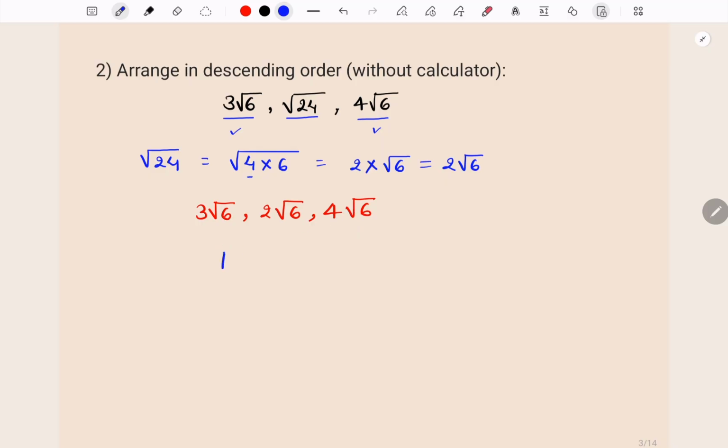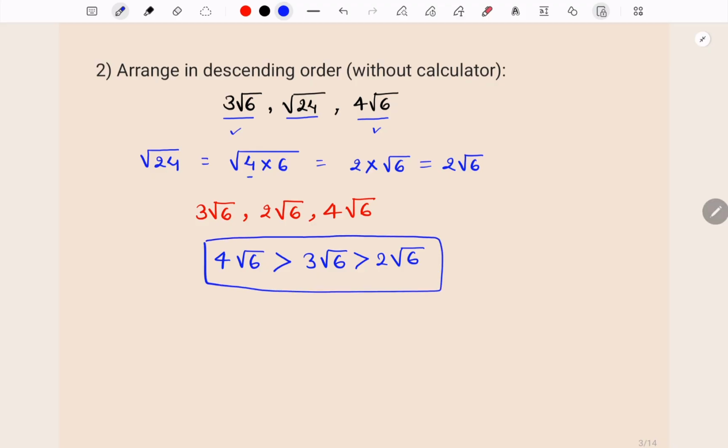So let's write 4 root 6. Then we have 3 root 6. And then we have 2 root 6. So 4 root 6 is greater than 3 root 6 and 3 root 6 is greater than 2 root 6. And that is the descending order that we were asked to write.